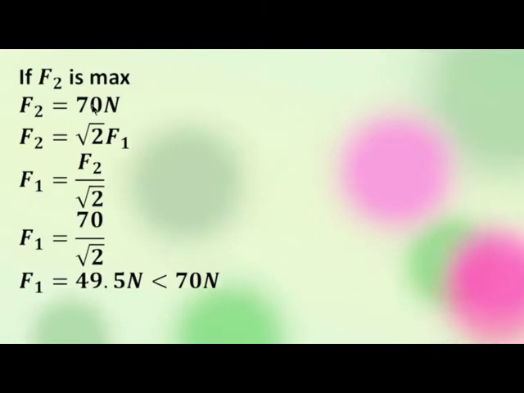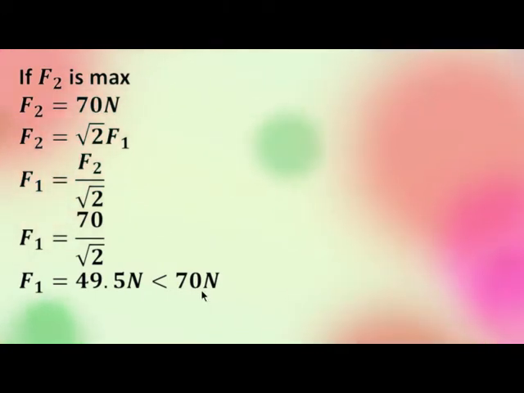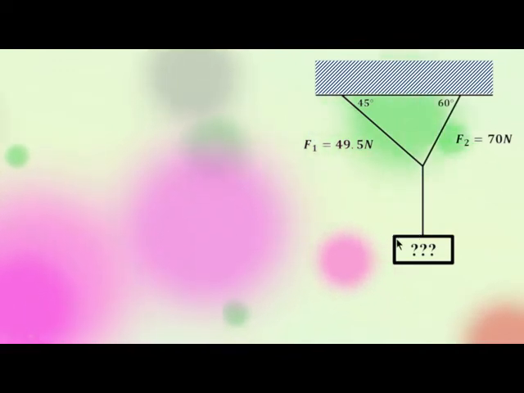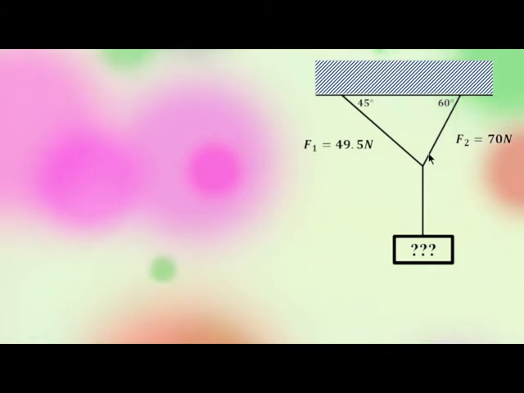If F2 is the maximum force, F1 is 49.5 newtons, which is less than the maximum. We are going to use these numbers. So we have found F2 equals 70 newtons and F1 equals 49.5 newtons.